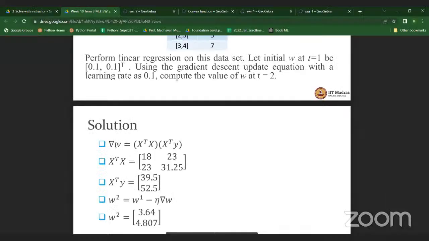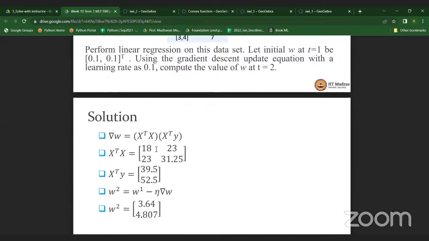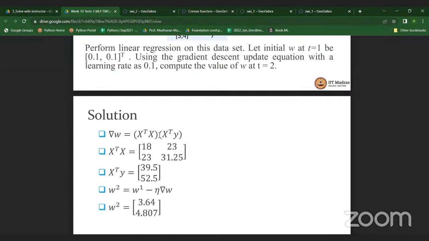Before we look at this, we have the gradient equals X transpose X multiplied by X transpose y. That's not the correct one.